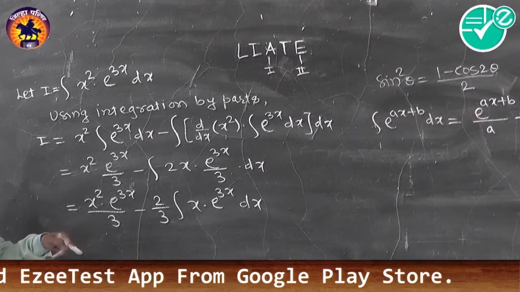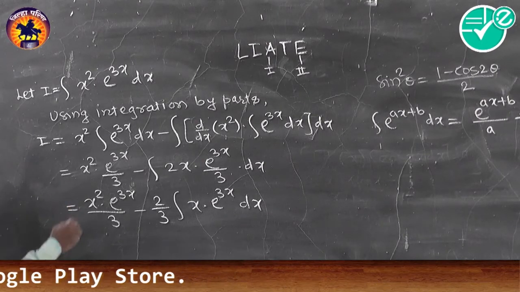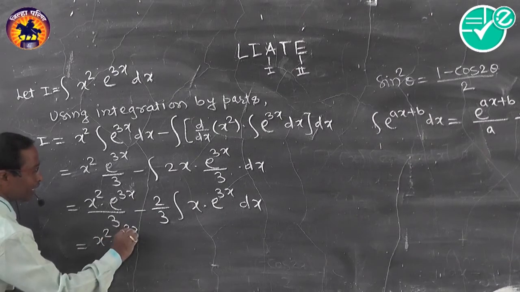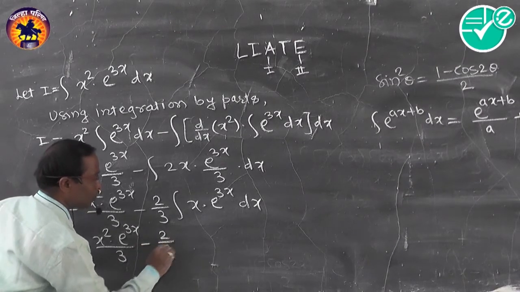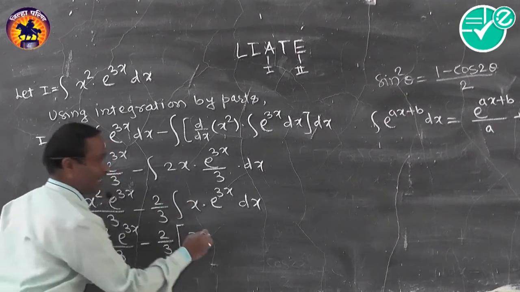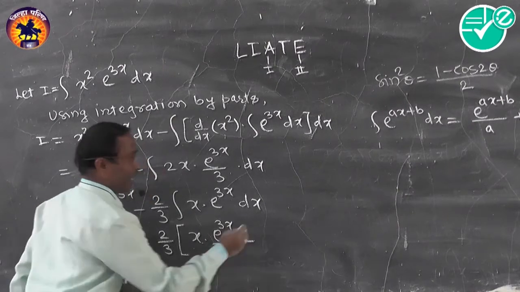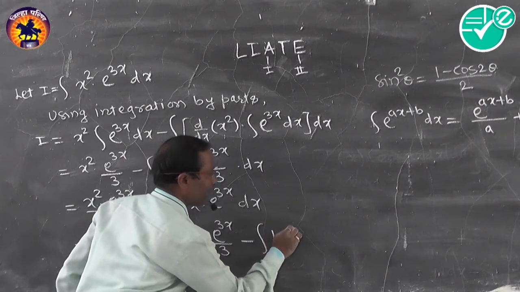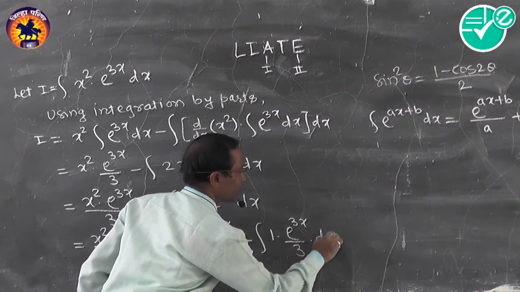Now, when we apply second time integration by parts in this example, then we apply directly. X square into e to the power 3x upon 3 minus 2 by 3 into, we apply here directly. First as it is, integration of second, minus integral of derivative of first function, derivative of x is 1 into e to the power 3x upon 3 dx.